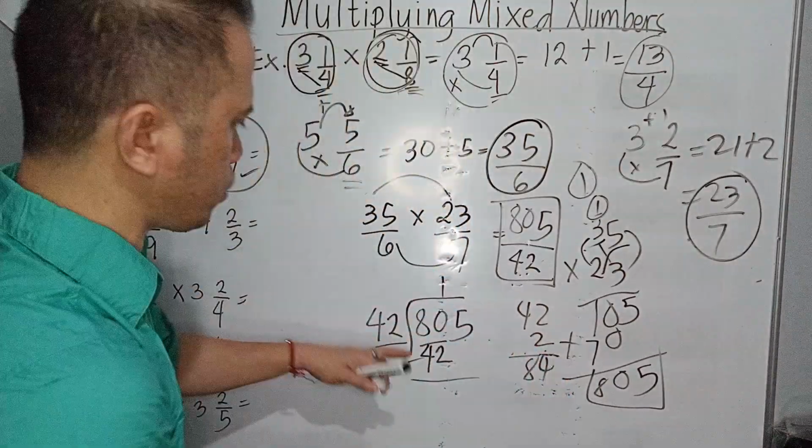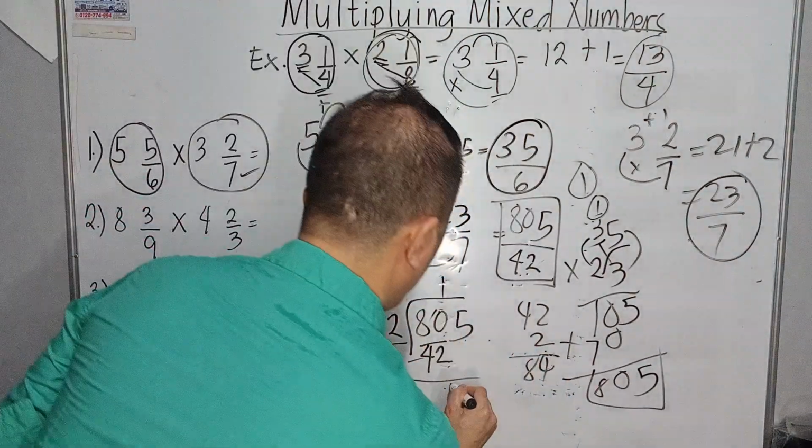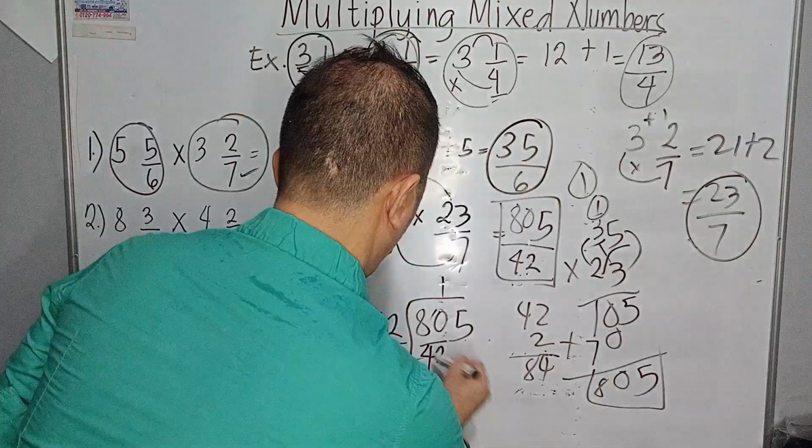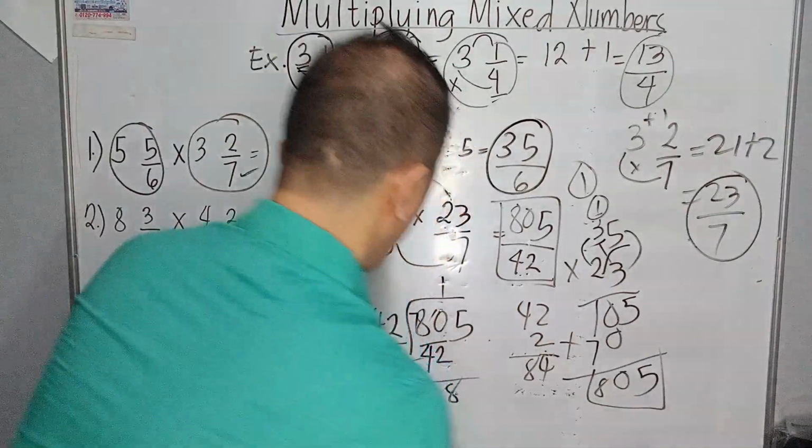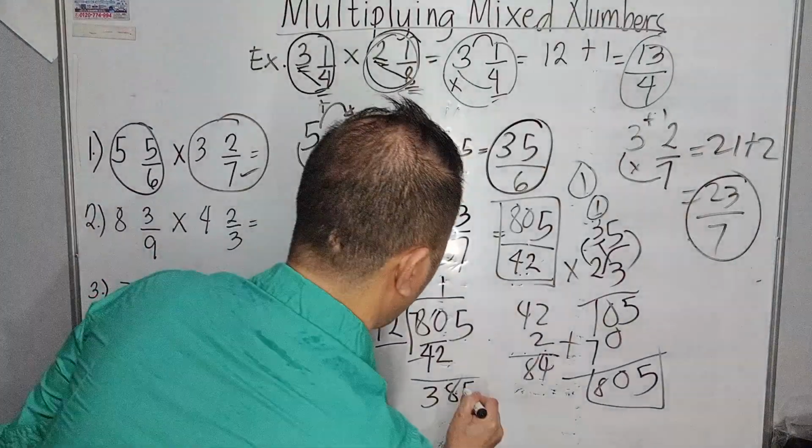Let's subtract, guys. 10 minus 2 is 8. So we have here 7, 3, so cannot be, bring down 5.